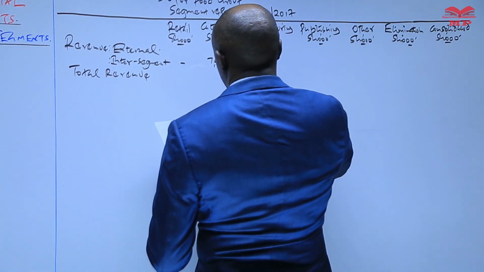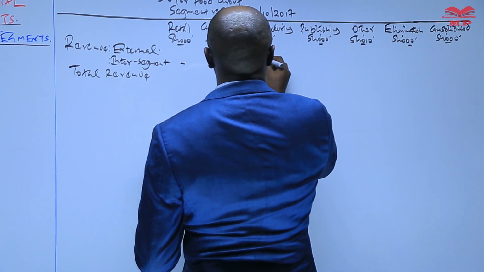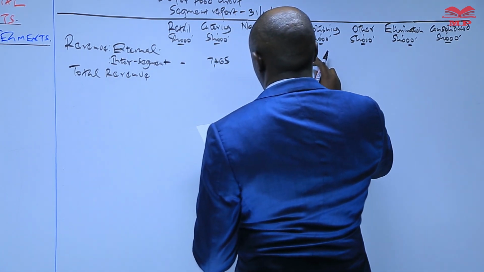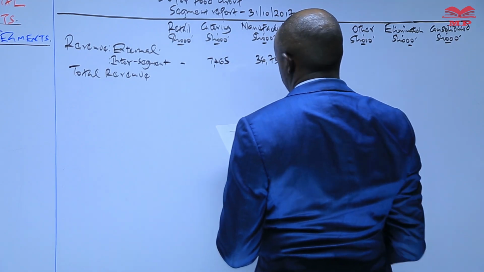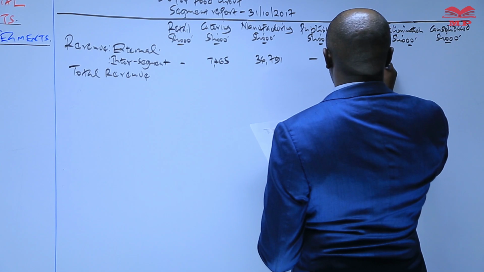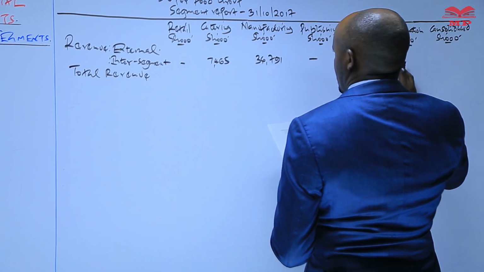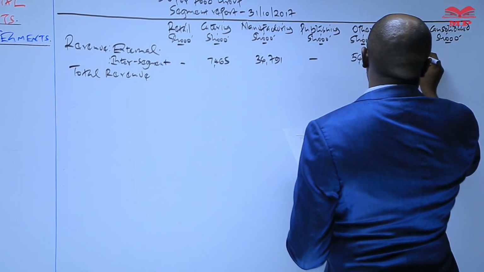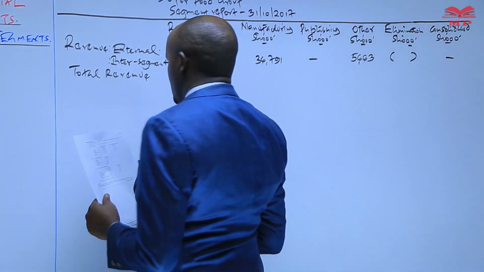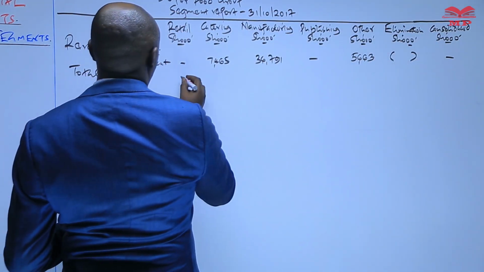For the other one it is 36,791. For publishing this one is 0, and then others is 56.63. Basically this one we record as a negative in the elimination column, meaning that it is not taken to the consolidated or the total column.